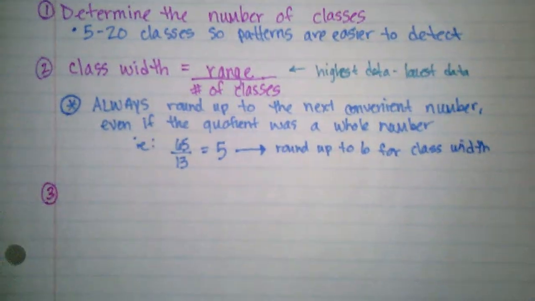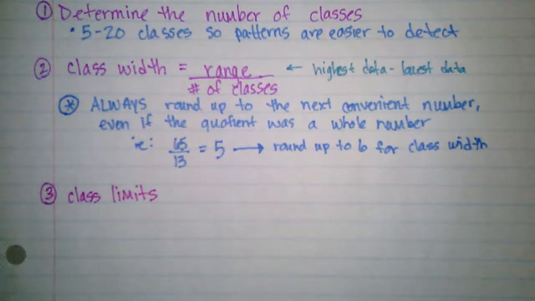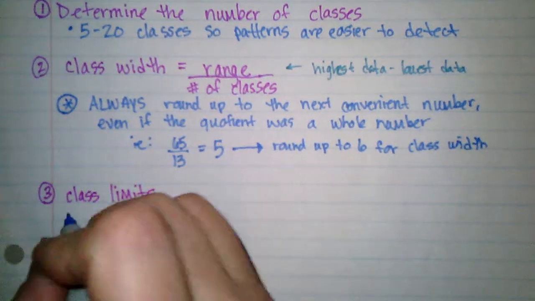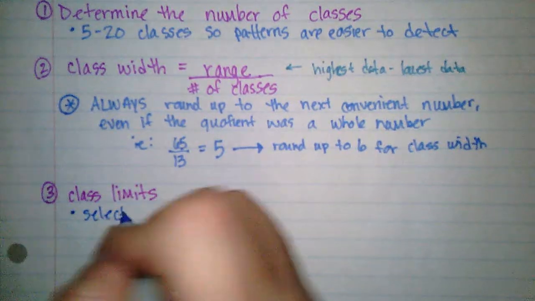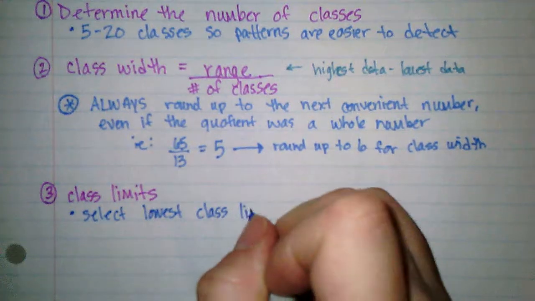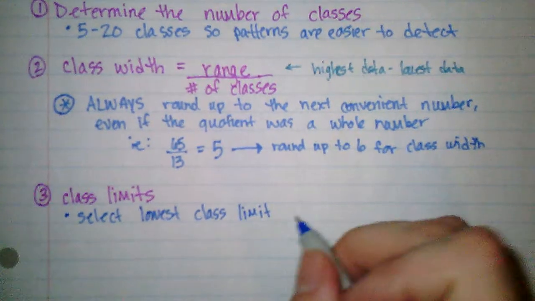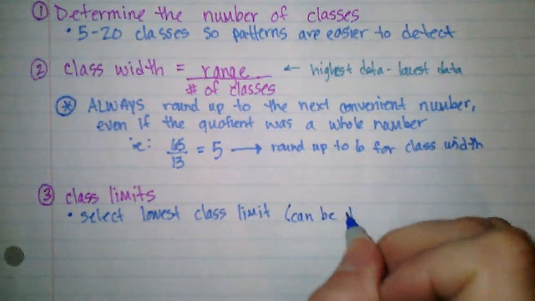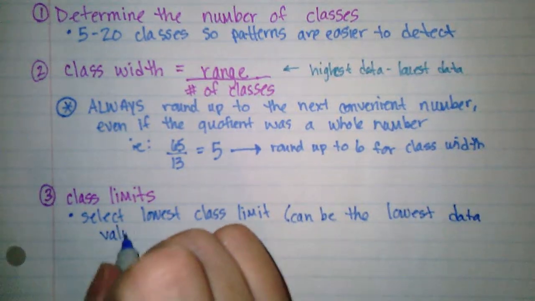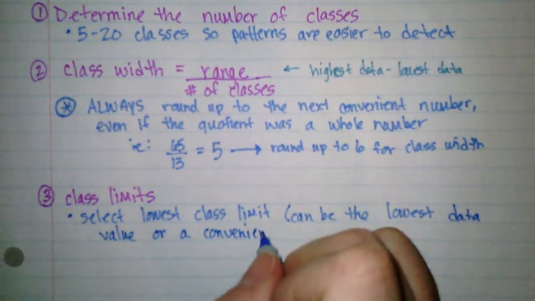The next thing we're going to do is determine the class limits. When we determine the class limits, we're going to start out by selecting the lowest class limit. That can be the lowest data value, but it also could be a convenient number that is lower than that.